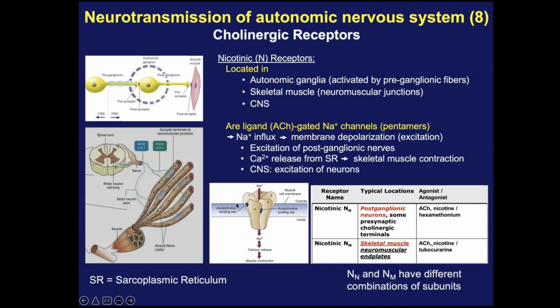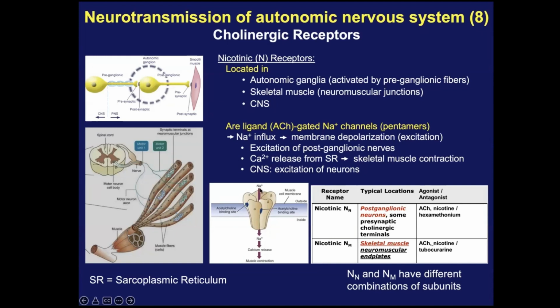When the acetylcholine molecules bind to this receptor, as shown by these blue colors, the pore in the center of the channel will be open, which will allow the influx of the sodium from the outside to the inside.